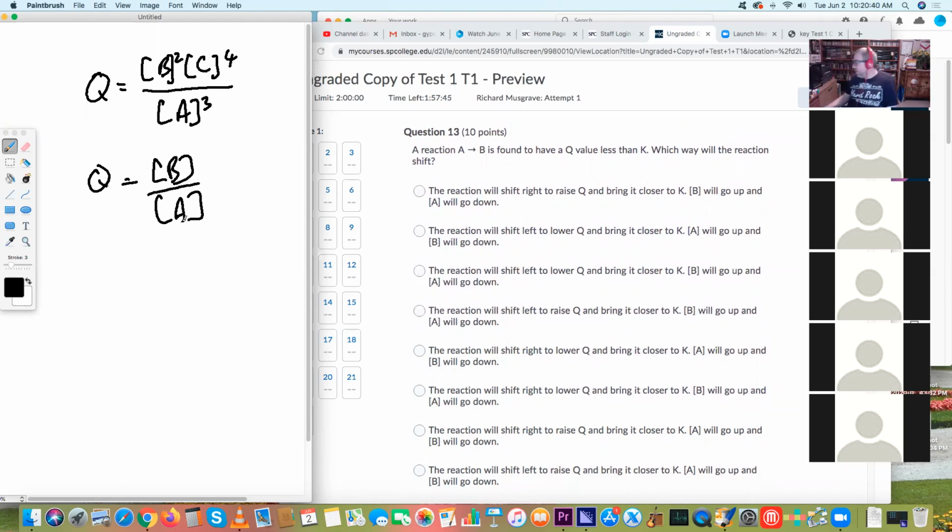And what it's saying is, well, the Q is less than K, and you want to know which way the reaction is going to shift if the Q is less than K. So we'll make that K then, and we'll say the Q is less than K. And then the question you're asking is, well, what's going to have to happen? Well, B is going to have to get bigger and A is going to have to get smaller. So we're shifting towards the products here to make more B.